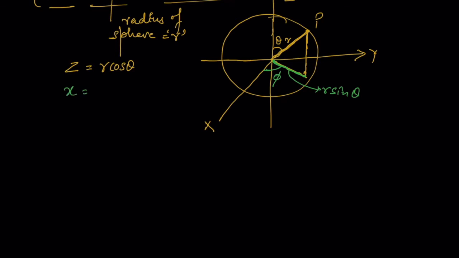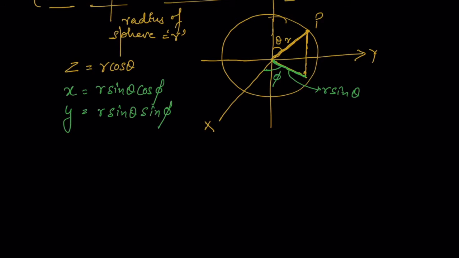So x will be r sine theta cos phi, right? And y will be r sine theta sin phi, right? I hope you understand how to write the coordinates in the spherical system.